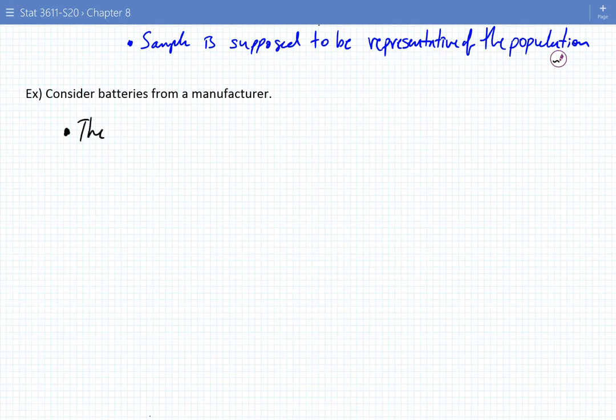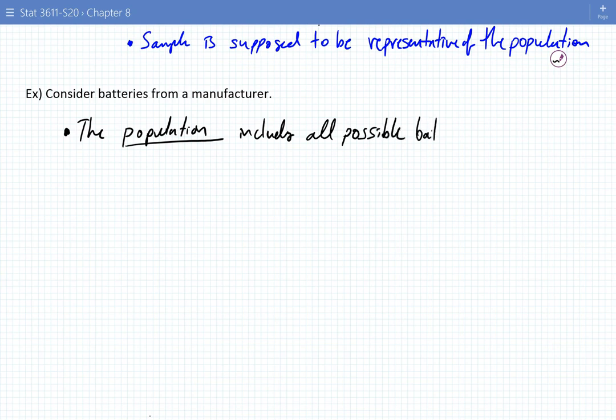The population then includes all possible batteries produced by the manufacturer.